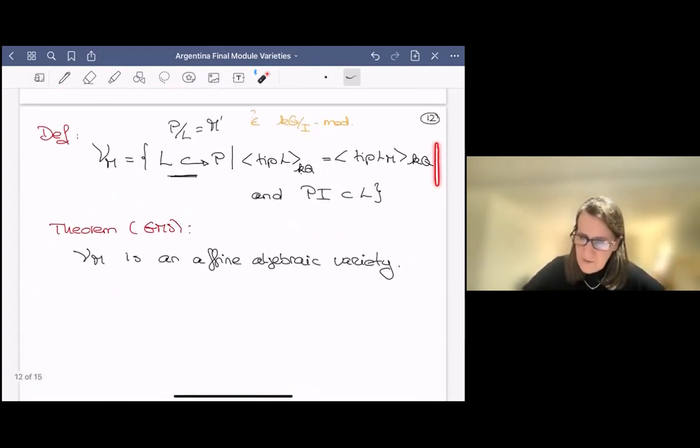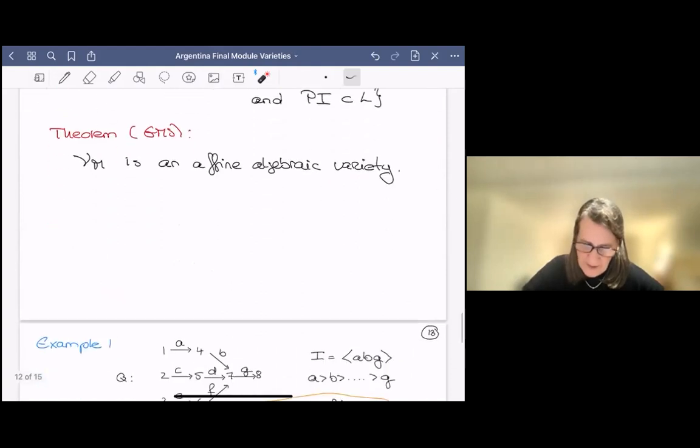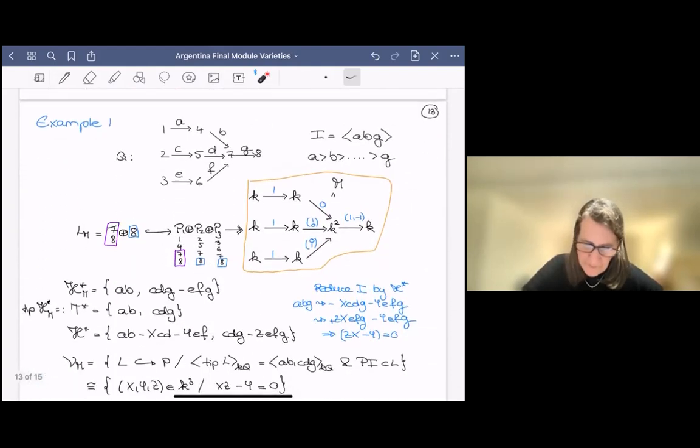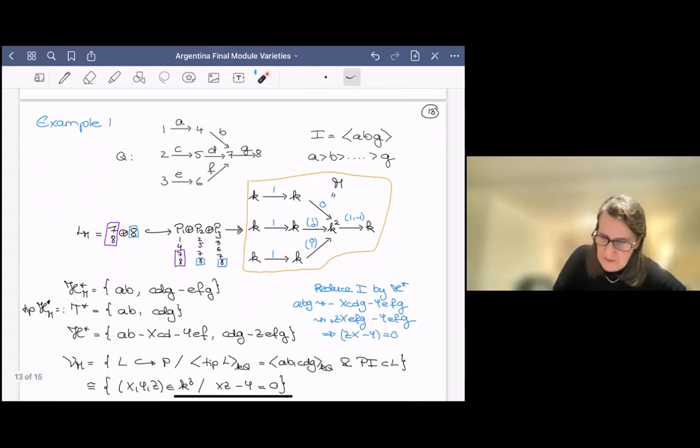And here we can now look at the set of submodules, and we can translate this condition into Gröbner basis theory. What we want is to choose all those submodules of P such that P over the submodule is a KQI module. And how do we check that we get a KQI module? By checking that PI is in the module L, which is generated by that. And this is again done by reducing overlaps.